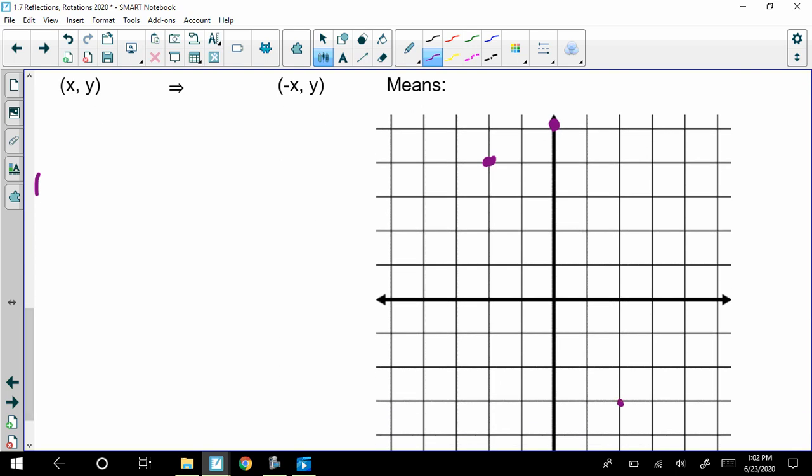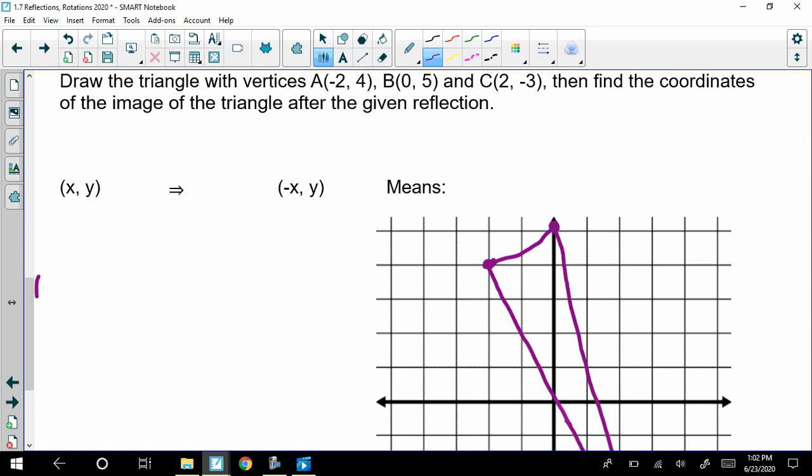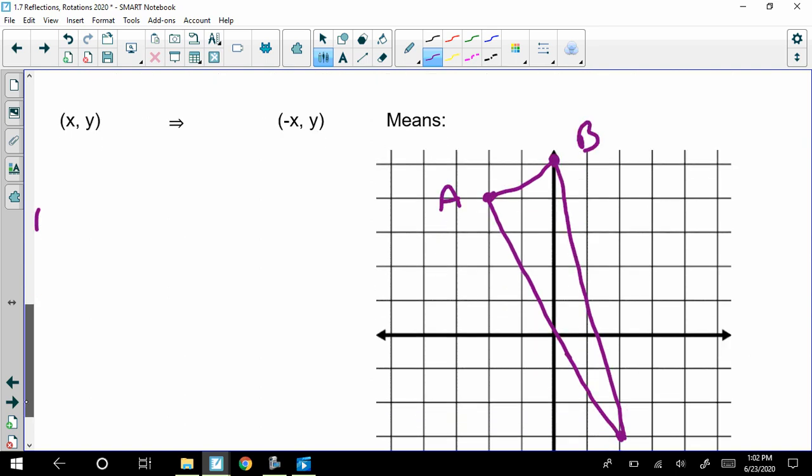It's way down here. So there is my triangle. This is negative 2, 4. This is A, B, and C.